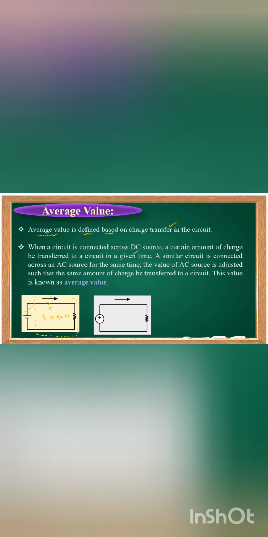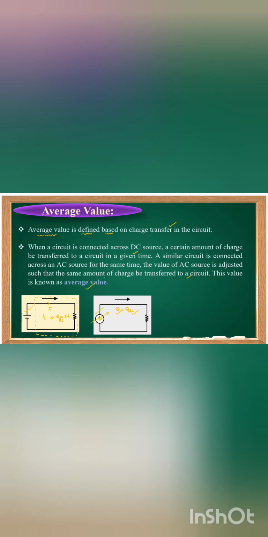Now, you have to connect the same circuit across an AC source, and you have to adjust this AC source in such a way that the amount of charge transfer is equal to the amount transferred for the DC supply. The value of the AC source is adjusted such that the same amount of charge is transferred into the circuit. Whatever value the AC source is adjusted to, to get Q equal to QDC, that value is called the average value.